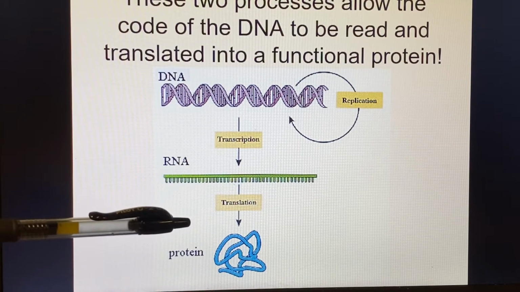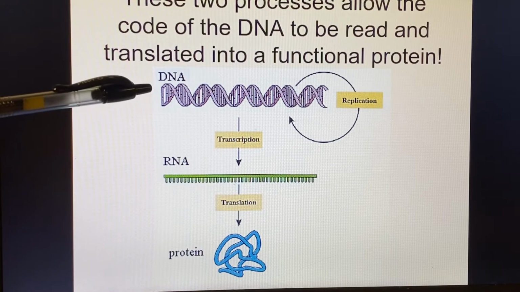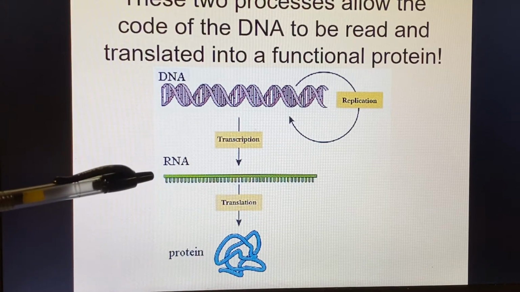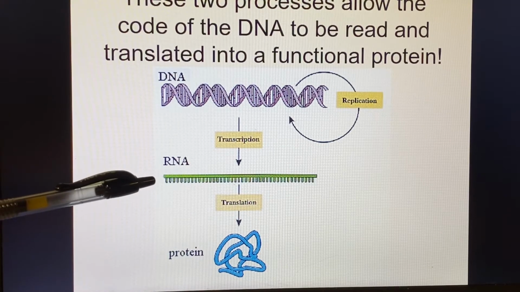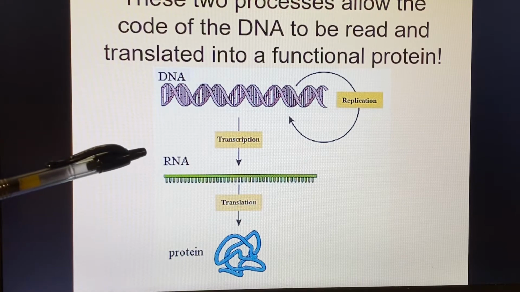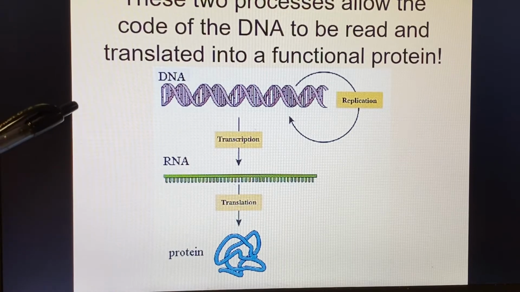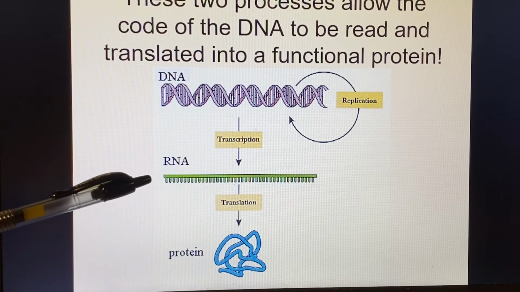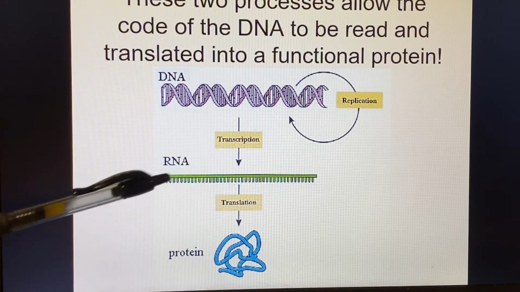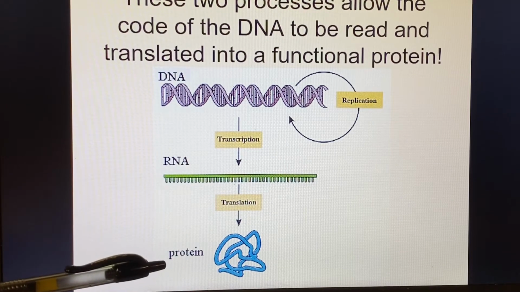So you have your original DNA molecule, the code is read through transcription, and it produces a molecule that is a messenger, and this is of a different type of nucleic acid called RNA, and specifically mRNA, which stands for messenger. Then the message travels to a different part of the cell and is translated, meaning that this code is then read and translated into protein.